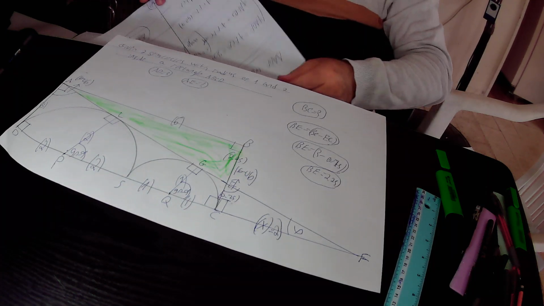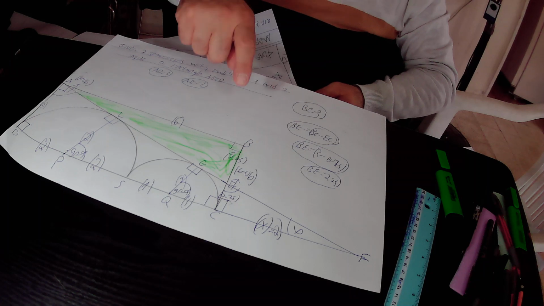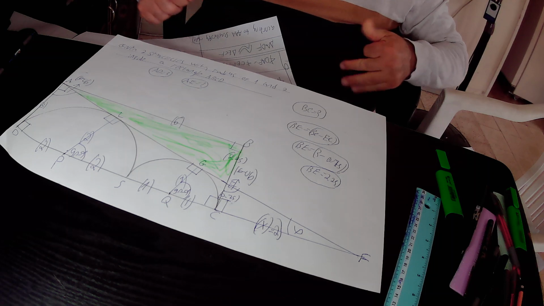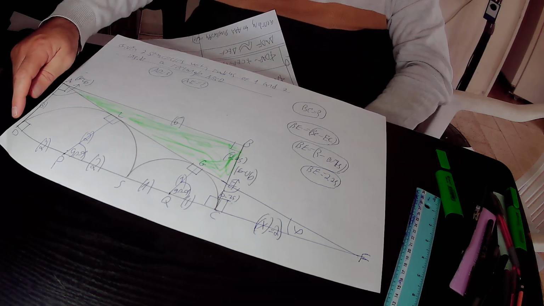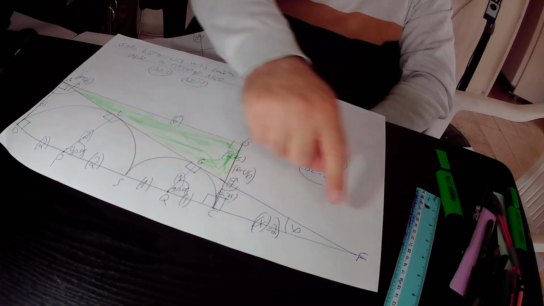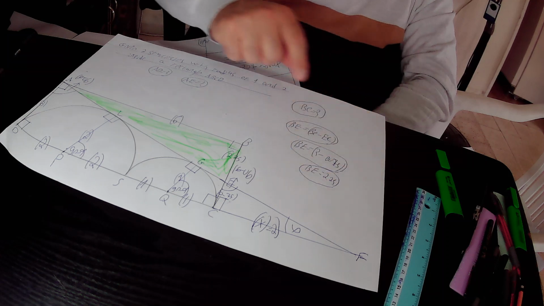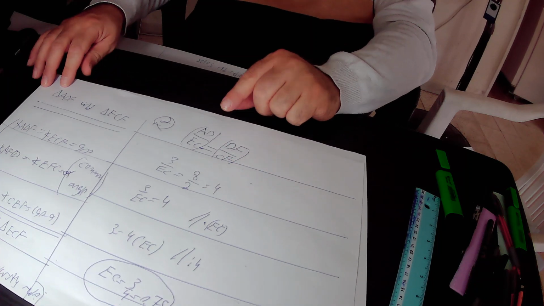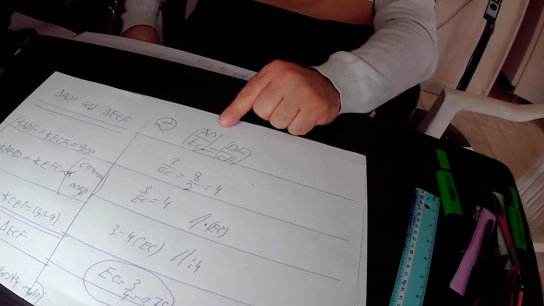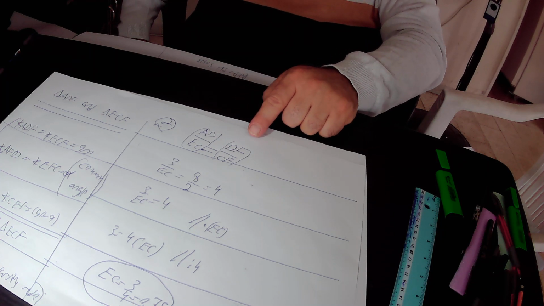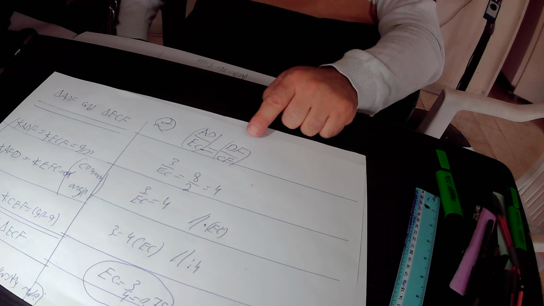And from this similarity, we derive that the following relationship exists between their sides: side AD in the big right triangle ADF over side EC in the small right triangle ECF equals side DF in the big triangle over side CF in the small triangle.